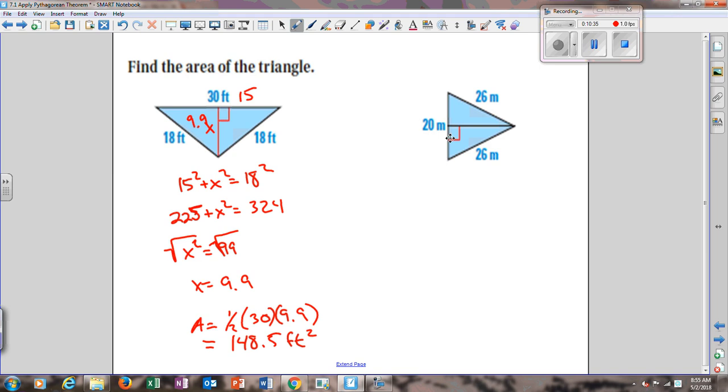Here this base is 20. Divide it in half, you get 10. Still got to find the height x. So it gives us 10 squared plus x squared equals 26 squared. So 26 squared is 676.